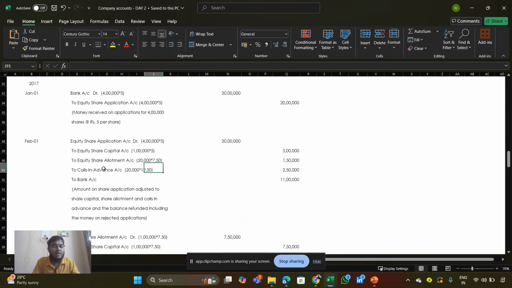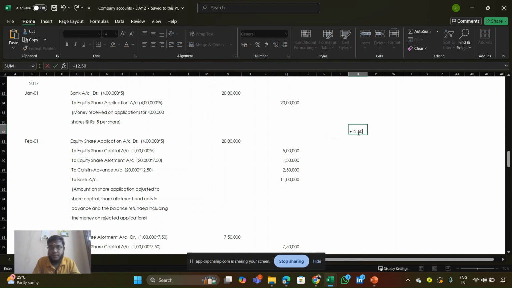In calls in advance, 20,000 shares into how much? 12.5. The 12.5 breakup is, see, I'll write here: 7.5 is for the first call, and 5 is for the second and final call.